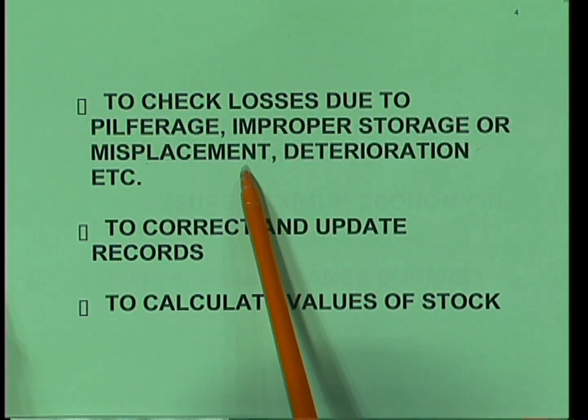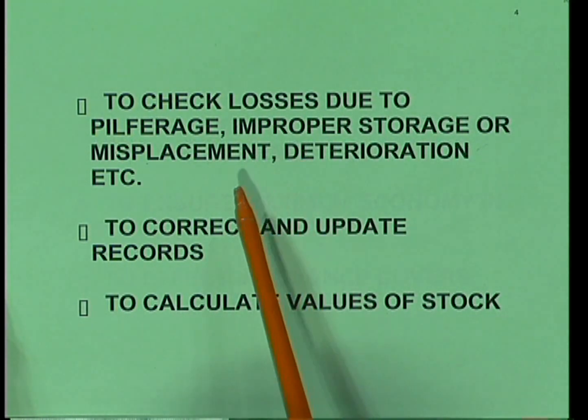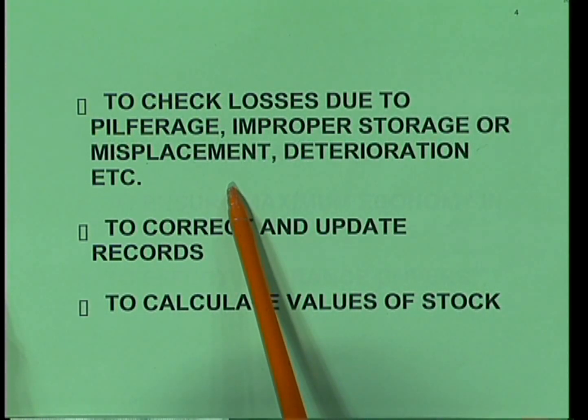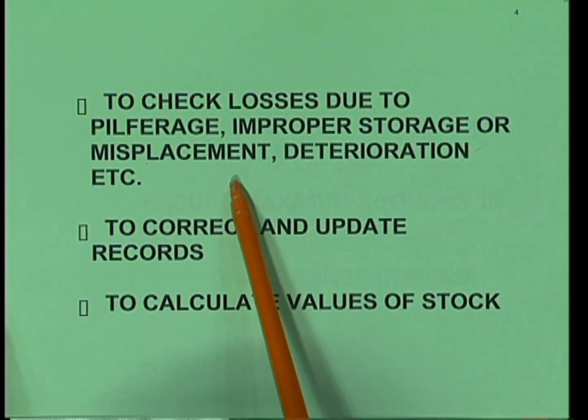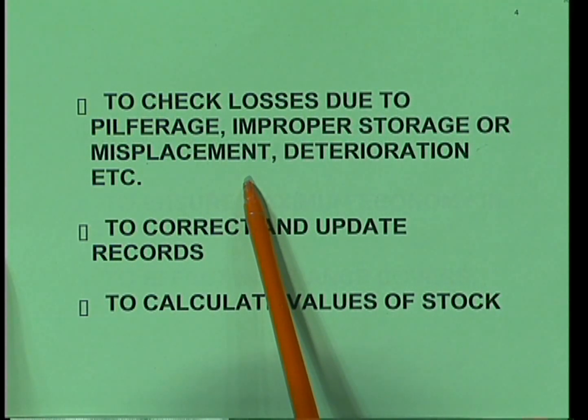Misplacement: where it has been kept, the storekeeper may not know, so he will say the materials are not available, immediately a purchase order will be given, and the material was available, but again we purchase it, that is extra material that we are going to purchase.